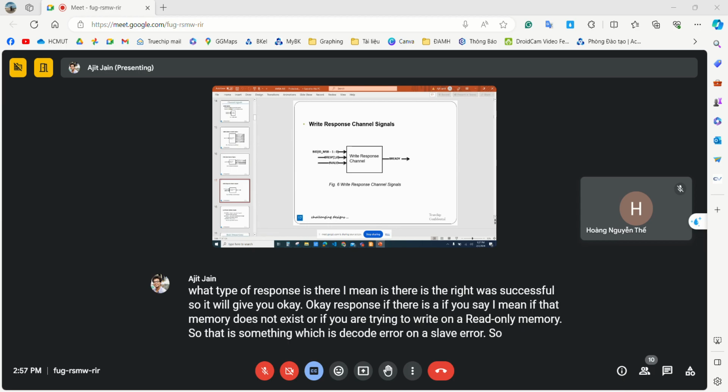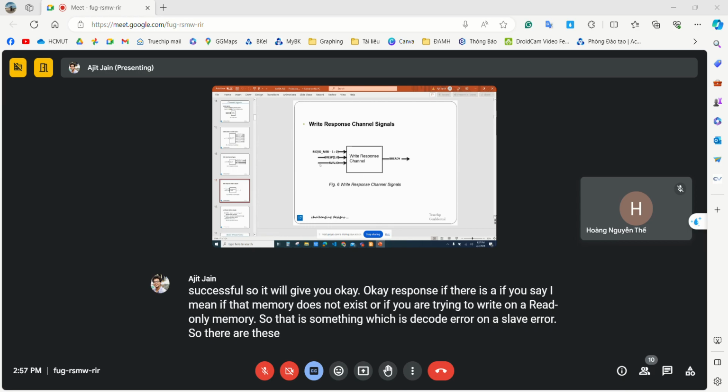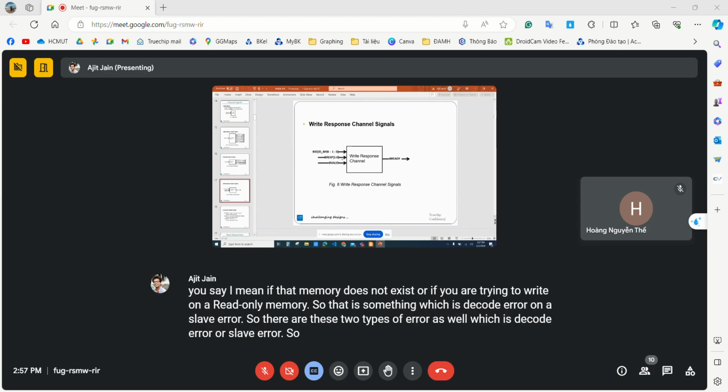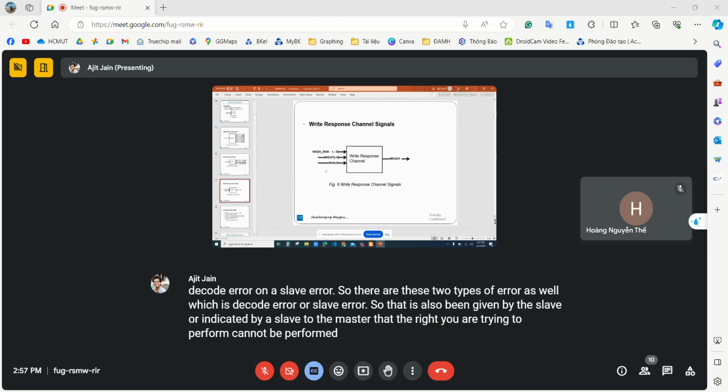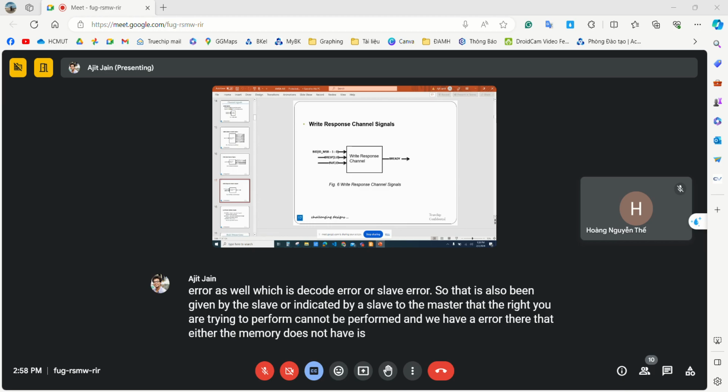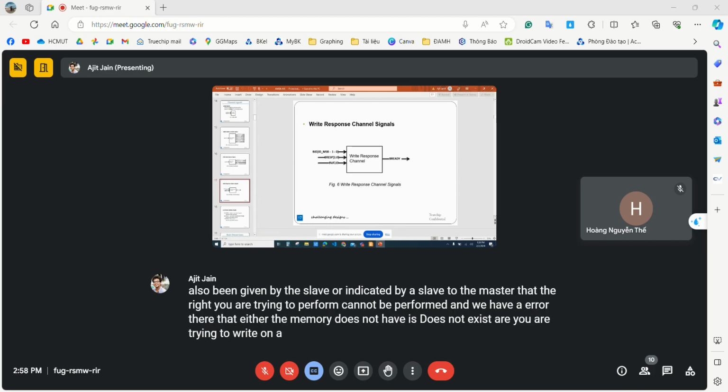So there are these two types of error as well, decode error or slave error. That is indicated by the slave to the master, that the write you are trying to perform cannot be performed, and we have an error there, either the memory does not exist, or you are trying to write on a read only memory or a reserved area.